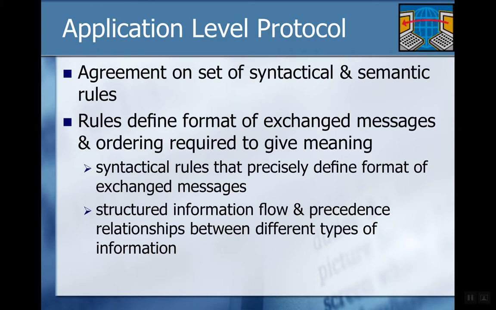When you put those two together, format and order, you have what you need to be able to exchange information. When we talk about syntax, we define the format of the exchanged messages. And once again, with networking computers, precision counts. If something is unclear, then it usually cannot be processed.